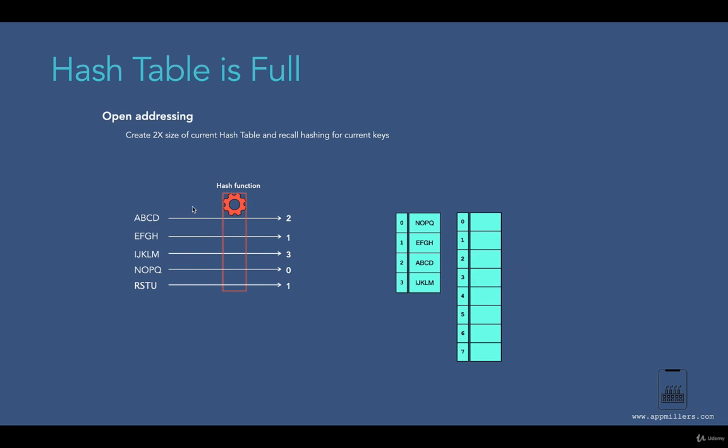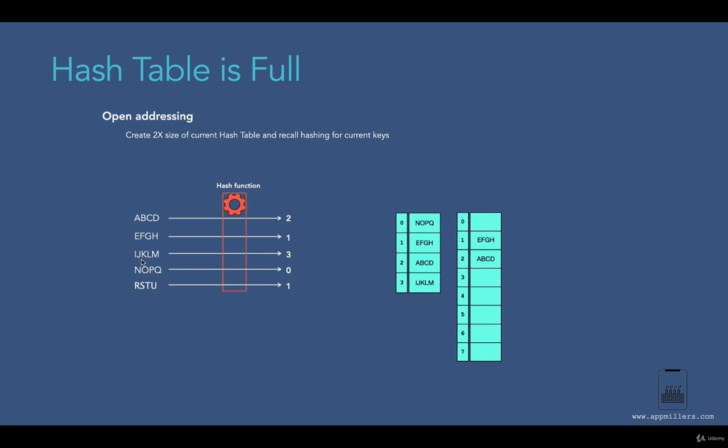Now after doing so, we are going to call the hash function for these strings and insert them into this hash table. Here again, we are calling the hash function for ABCD. We see that it's returning 2, so we are going to insert at the index of 2. Then we are calling the hash function for EFGH, so the index is 1, and it's inserted at the index of 1.